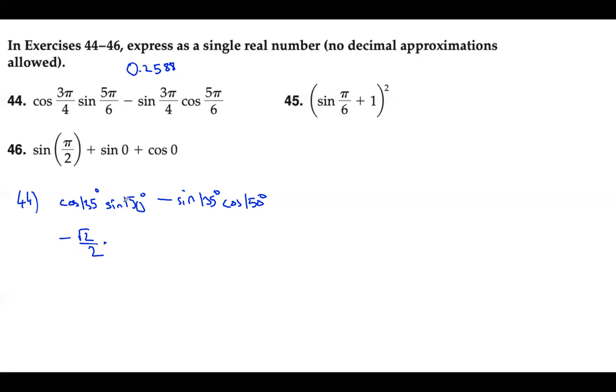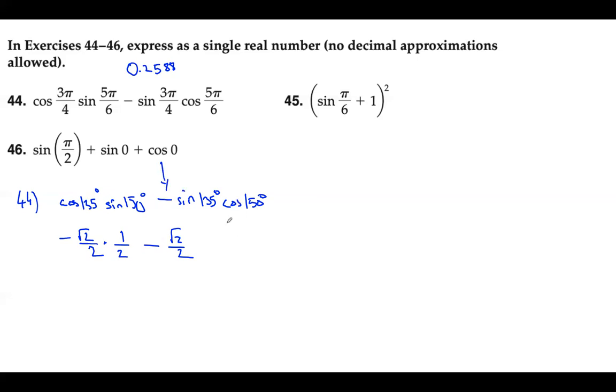Okay. The next one is sine 150. In the second quadrant, sine is positive. So it will be equal to sine 30. And sine 30 is 1 over 2. After this one, sine 135 is sine 45, which is square root 2 over 2. It's positive, by the way. The negative sign comes from here.